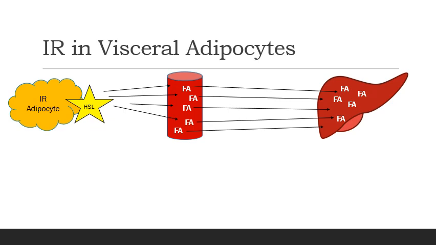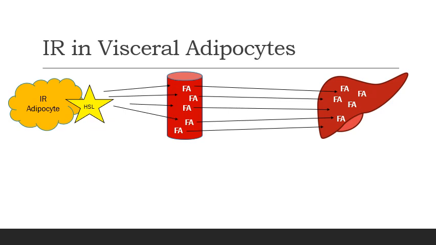This means that insulin turns off this enzyme, and the job of this enzyme is to hydrolyze the triglycerides into free fatty acids so they can be used to make ATP. Insulin turns off this activity and promotes triglycerides into storage rather than utilization. But if insulin resistance develops in these visceral adipocytes, this enzyme is no longer regulated by insulin.